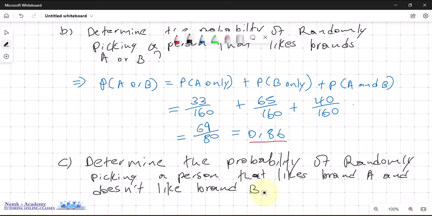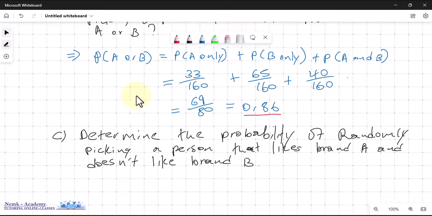Okay, so let's read the question. You need to understand the question first. Can you read for me? Can you read with understanding? Slowly.